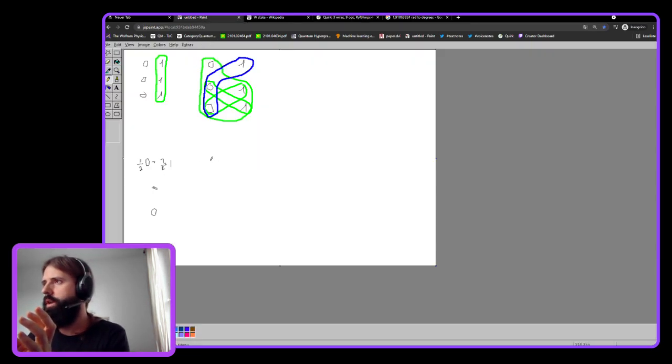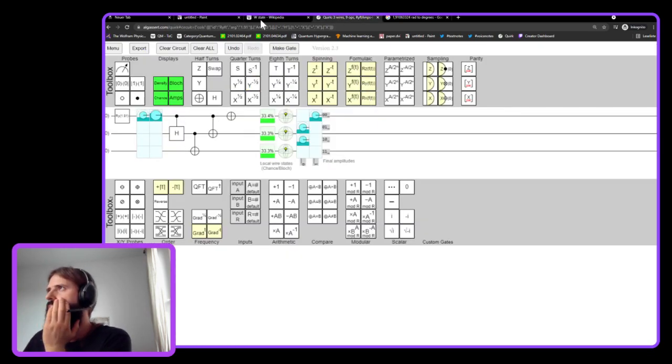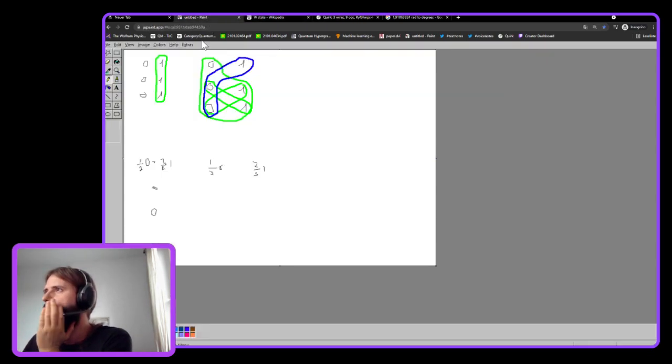So now I have to keep this 1/3 of a 0 and 2/3 of a 1. And now the rules would tell me to apply Hadamard to the second qubit. The Hadamard is just rule B: take a 0 into a plus state, take a 1 into a minus state. So that stays 0, and that stays as a 0 plus 1.